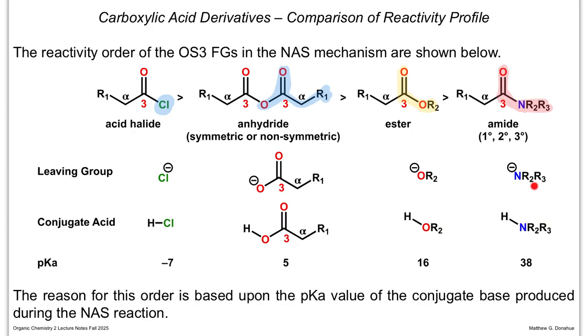So the N- is not a good leaving group. So stated another way, if you have an amide, it's very difficult to substitute the amide part here for something else.